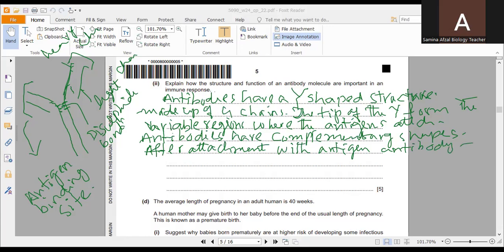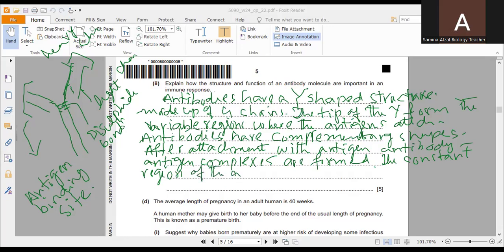The constant region of the antibody can bind to receptors on phagocytes.